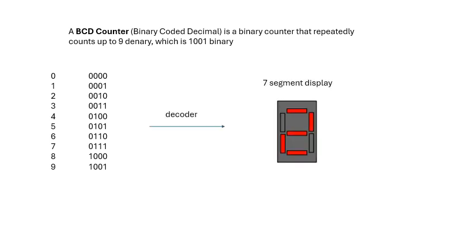This is a 7-segment display, and you should have seen loads and loads of these on digital ammeters and voltmeters and power supplies and digital clocks and things. Obviously the binary signal goes to something called a decoder, and then the decoder will drive the different LCD or LED displays for the 7-segment display.